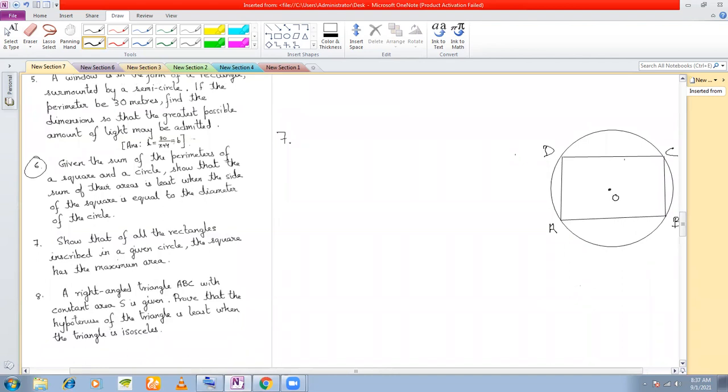Okay, what you are defining. Show that of all rectangles inscribed in a given circle. Given circle means obviously the radius of the circle has to be given, right? So I say let the radius of the given circle be A. So here A is a constant because the circle is given to you.